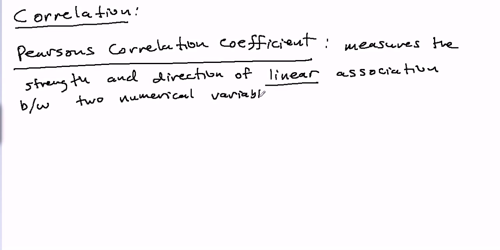So perfect in the case where we have bivariate numerical data. Okay, this will measure the strength and direction of linear association. So this is not designed to pick up any kind of curvature. Okay, although you will get a number if you just plug numbers into the formula.